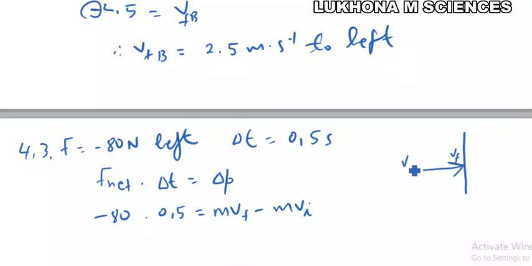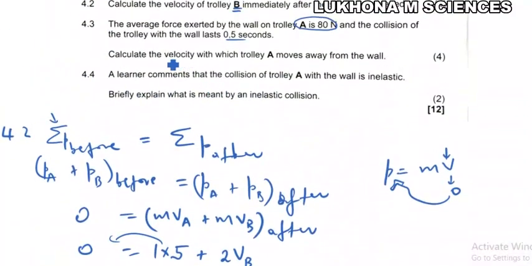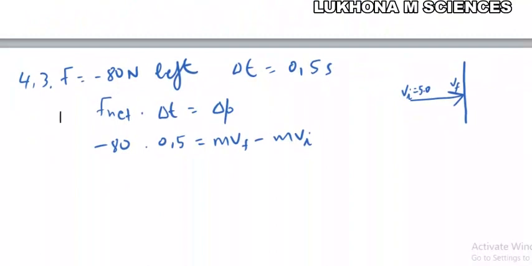Then we need the velocity that A came with, which was 5,0. The question says, calculate the velocity with which trolley A moves away from the wall. We are looking for the final velocity of A now. The 5 becomes the initial velocity, and we are looking for the velocity of A as final.